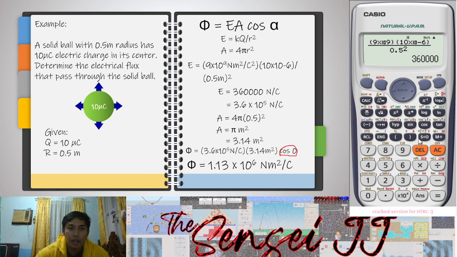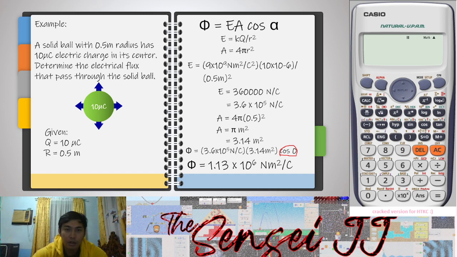So we have here our answer of 3.6 times 10 raised to 5. You can see here 360 times 10 raised to 3; move the decimal to the left twice, that's why it will be 3.6 times 10 raised to 5. And we have here our area that we solved earlier, which is 4 pi r squared, 0.5 squared. The answer is pi, or 3.14.